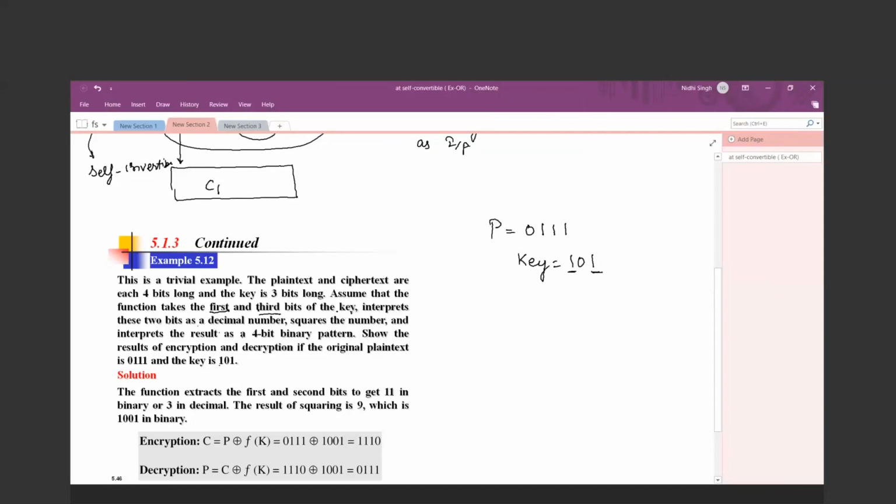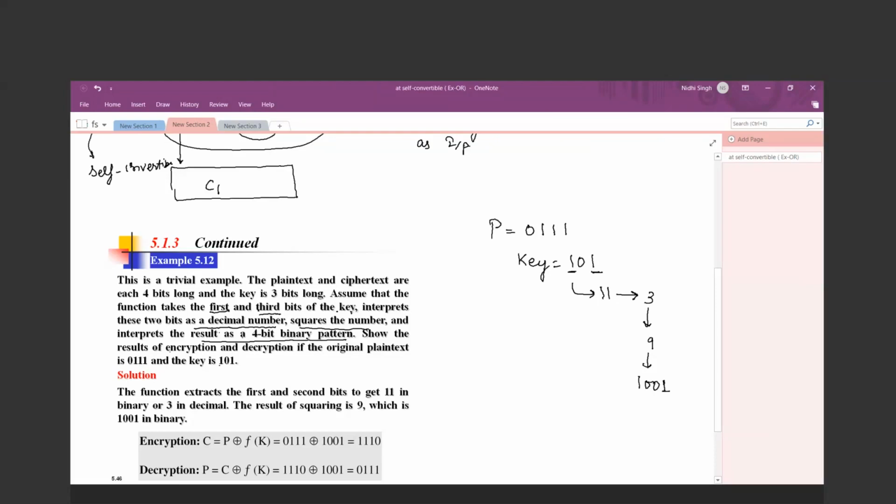Interpret these 2 bits as a decimal number. So what is the decimal equivalent of 11? It is 3, right? Now square the number. So what is the square of 3? That is 9. And interpret the result as a 4-bit binary pattern. So the equivalent 4-bit binary pattern will be 1, 0, 0 and 1.